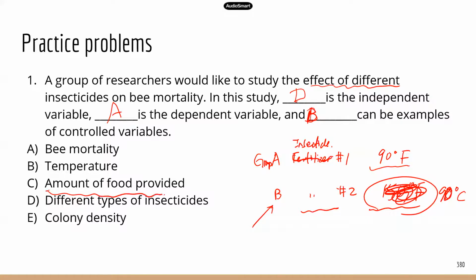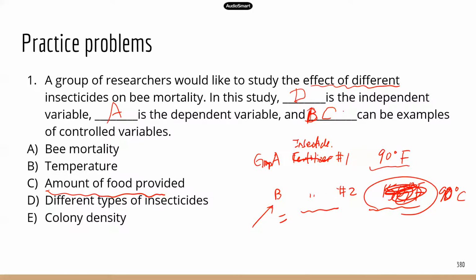The amount of food provided, of course, that could be a confounding factor, right? If you give A a lot of food, more than what they can eat, and then you don't give group B enough food, then it's likely that some bees might not make it in group B, right? And again, if you see mortality, you don't know whether it's due to the absence of sufficient food or because of the insecticide.